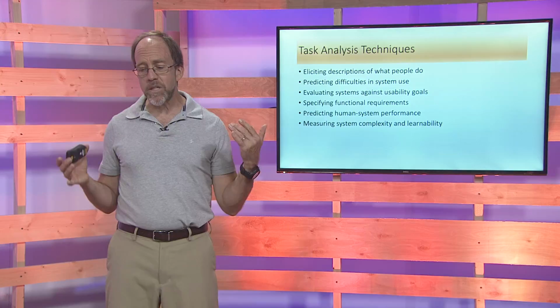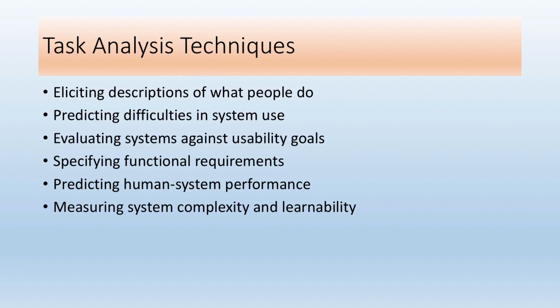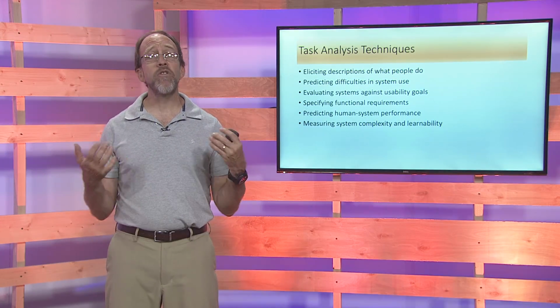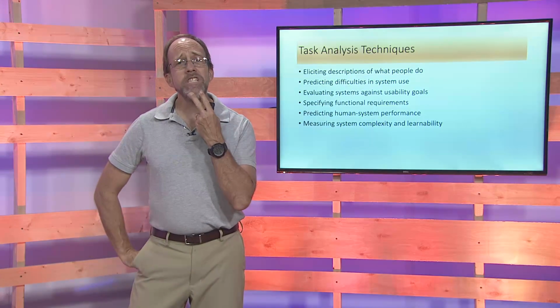So what are some things that we do here? Well, the basic understanding of a task is simply to sit down with somebody and talk it through. What do you do? What is the process that you go through to get this done? Once you've got an understanding of that, you're going to have to start thinking, where are the challenges?